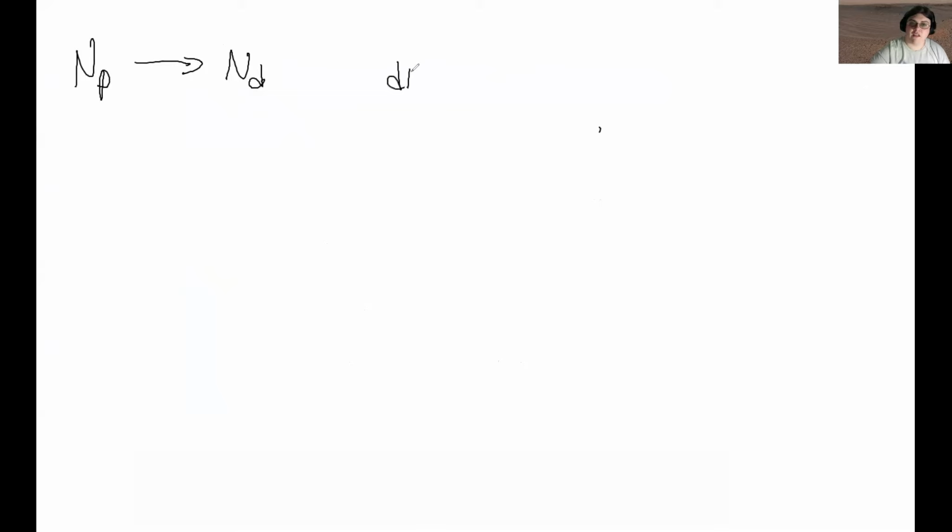So the rate with time is going to be negative. We're losing parent. That's proportional to the number of parent bodies and some constant. For now, I'll just call it lambda. I'm going to set it equal to something later. So if we integrate this, we get something like this.